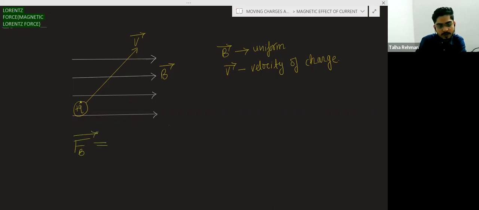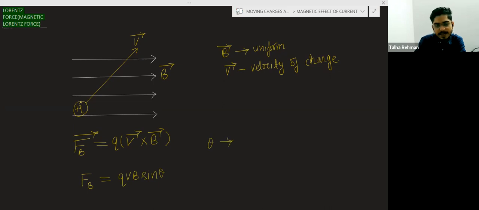Magnetic force is equal to Q into the velocity of the charged particle, v cross B. And this is also given by QvB sine theta. And what is theta?